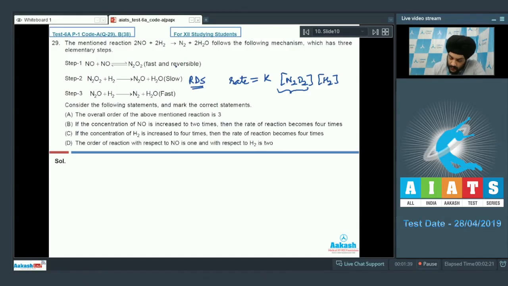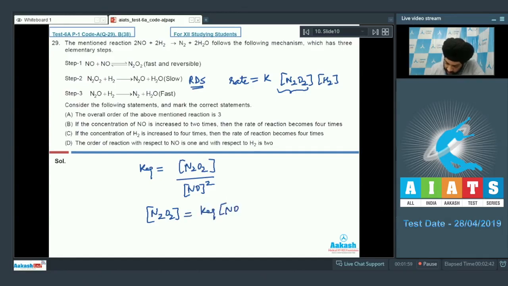From the first step we can see that K equilibrium can be written as concentration of N2O2 upon the concentration of NO whole square. So the concentration of N2O2 can be written as K equilibrium into concentration of NO whole square, and we can substitute this value into the rate law which we had determined above.